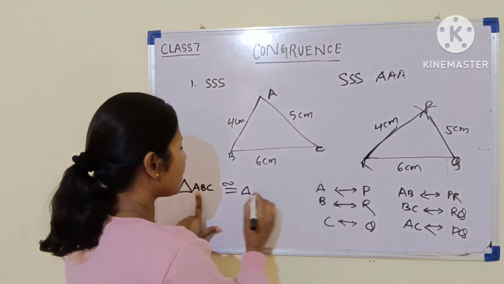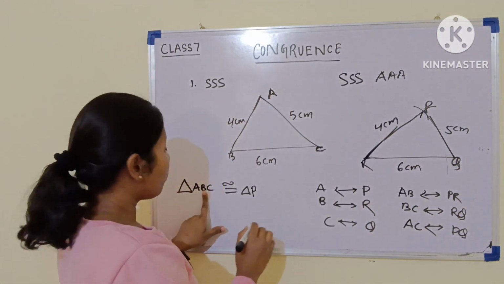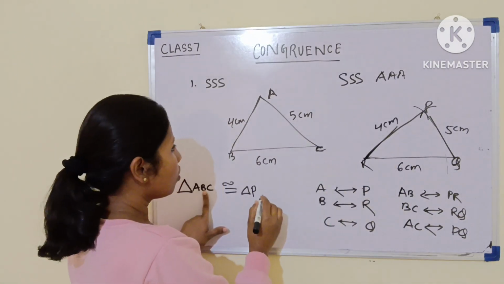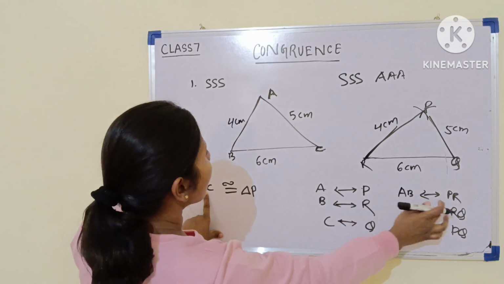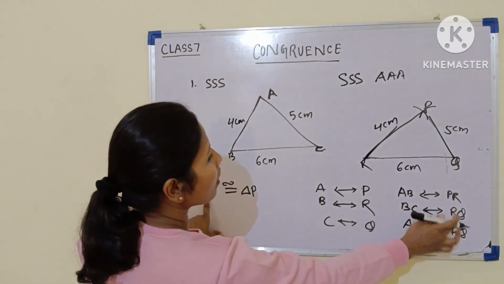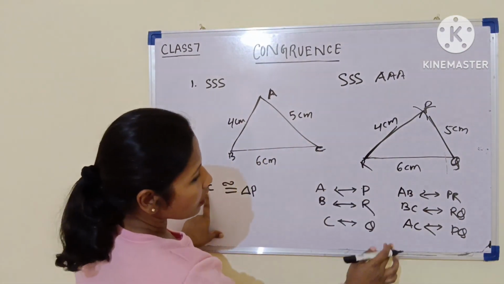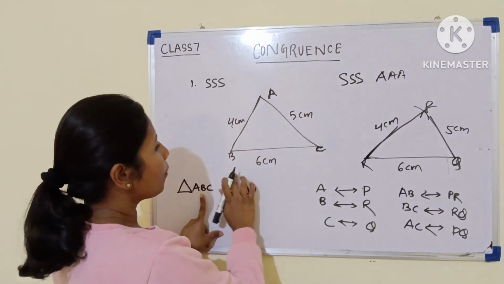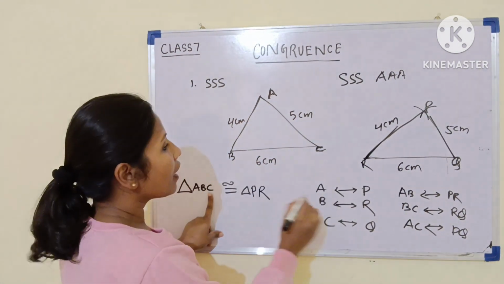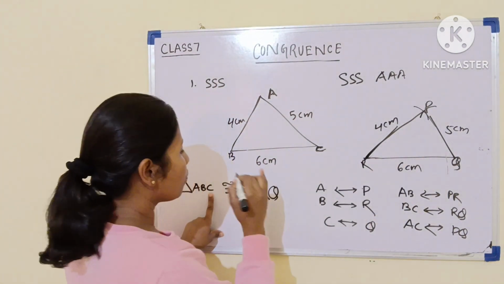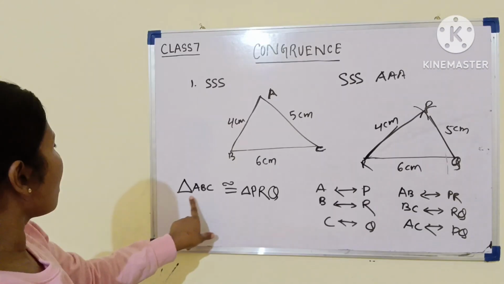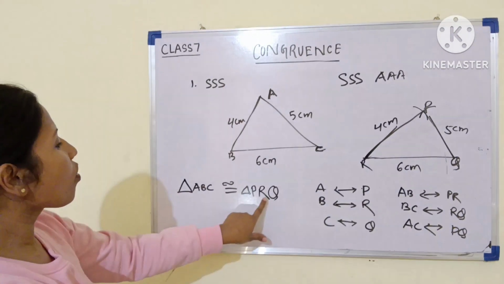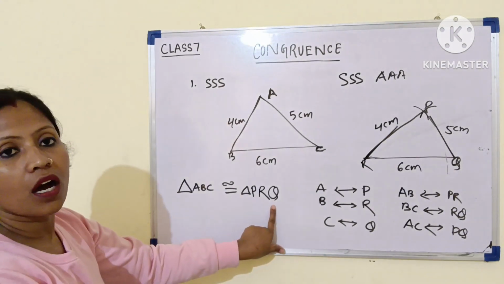A corresponds to P, so we write P. B corresponds to R and C corresponds to Q. So we will say that triangle ABC is congruent to triangle PRQ.